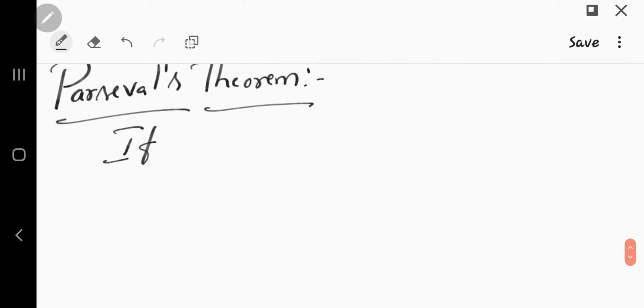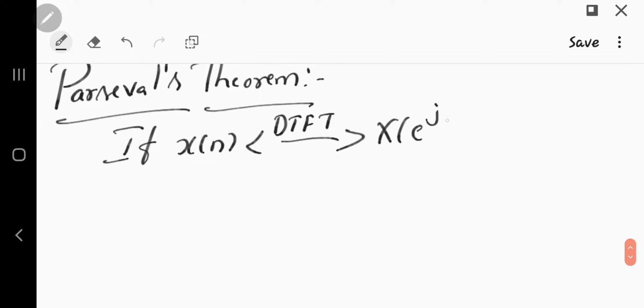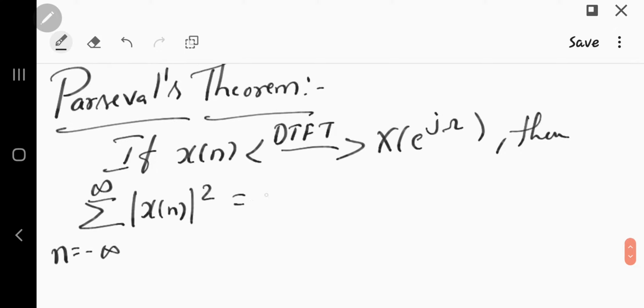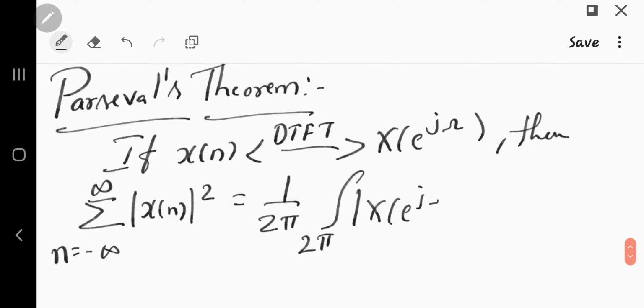It says if x of n gives X of e power j omega, then summation n equals minus infinity to plus infinity of mod x of n square is equal to 1 by 2 pi, here this 2 pi is for one particular duration, integral of mod X of e power j omega whole square d omega.